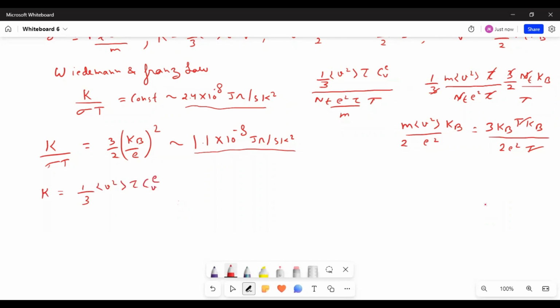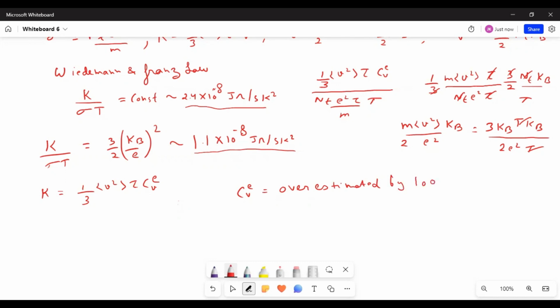The value of specific heat at constant volume derived from the Drude model is actually overestimated by a factor of 100.